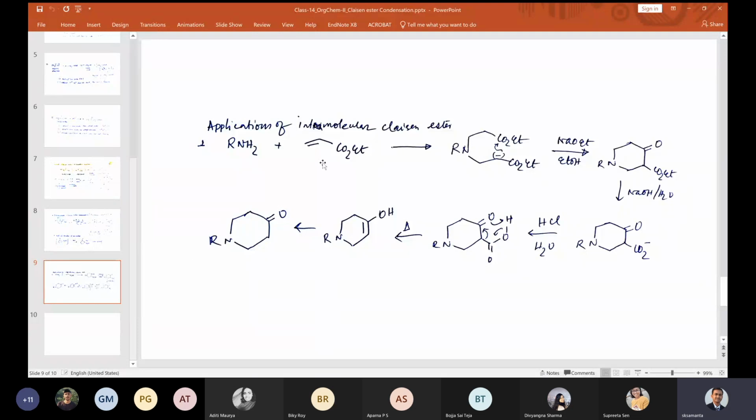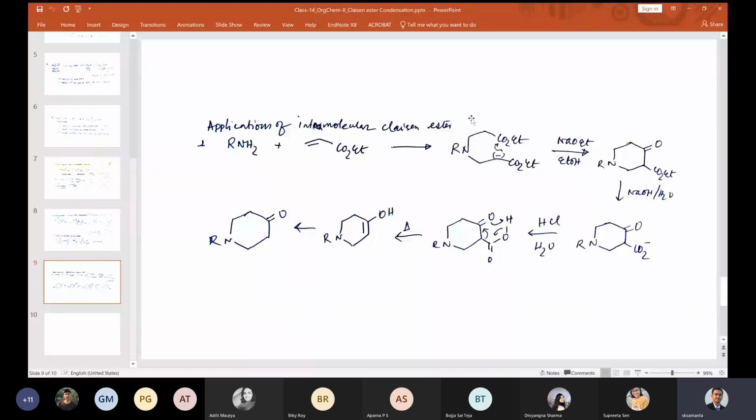This Michael reaction we will be discussing towards the end of this semester. So this NH2 reacts at this 1,4 position. It attacks there, and two of them can attack because you have 2 protons here. So after attacking, it forms CH2CH2COOEt, CH2CH2COOEt.